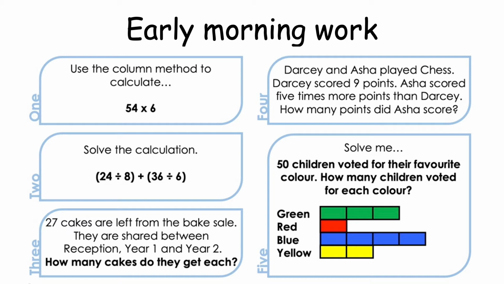I counted how many little blocks there were altogether in green, red, blue and yellow, and found out what one block was. And then if one block is a number, you can work it out depending on how many blocks there are for that colour.